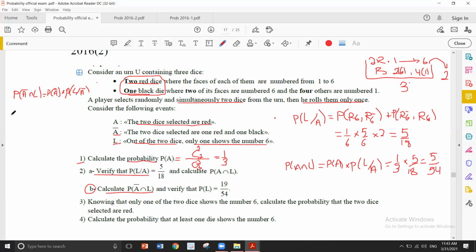What is the probability that A bar? How to calculate it? Equals 1 minus probability that A, equals 1 minus 1/3, equals 2/3.